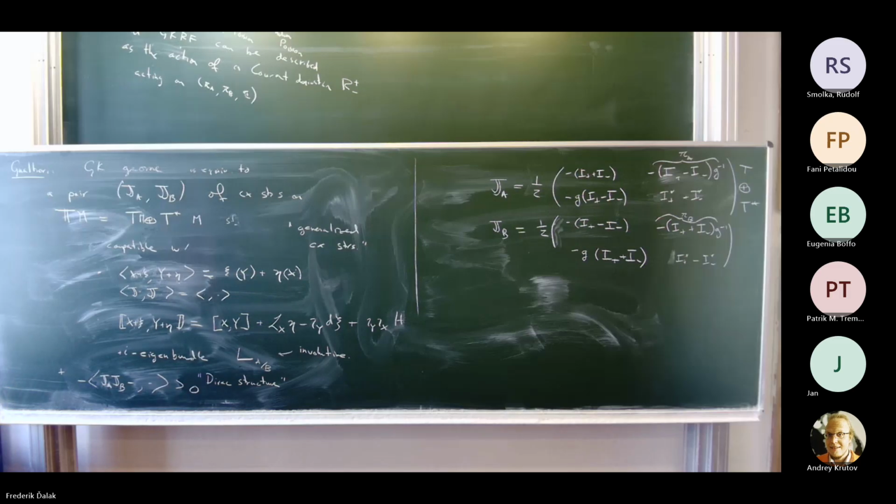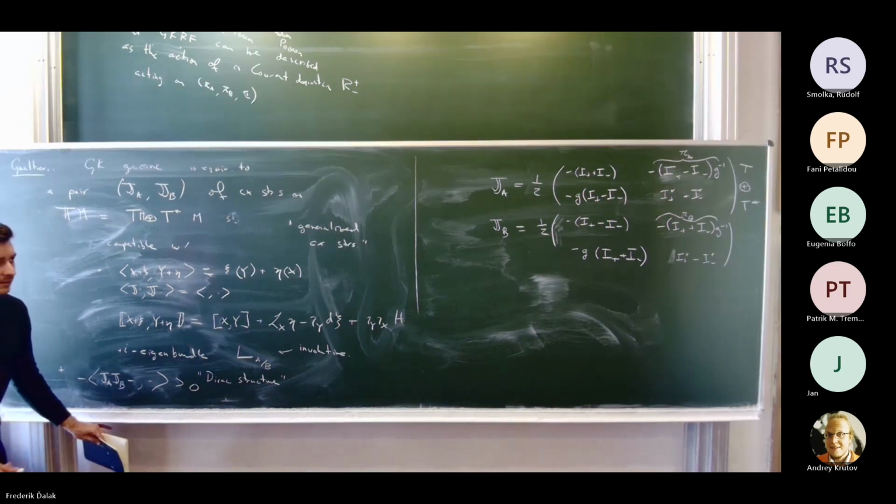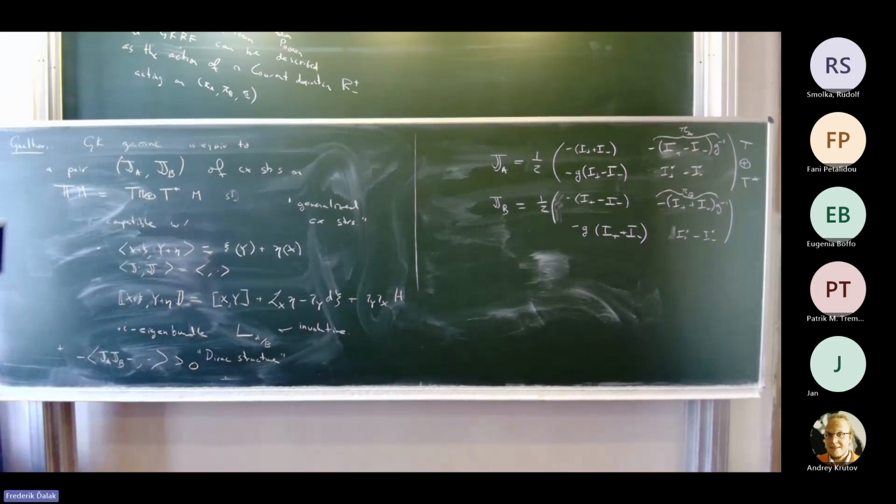Yes. Given a pair I plus minus and G, on the left-hand side we have JA and JB, on the right-hand side I plus minus and G. Yes, exactly. Positive definiteness tells you that G is positive definite.